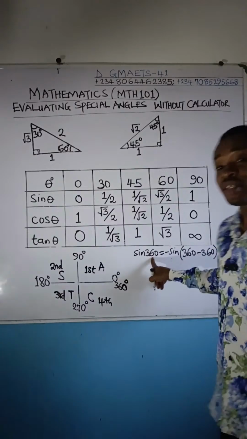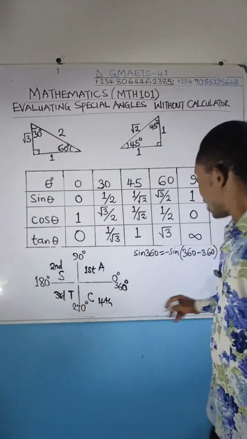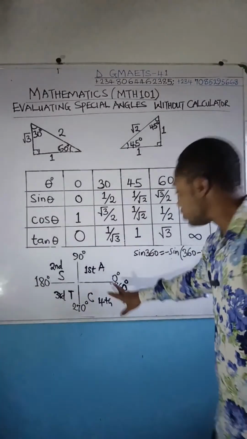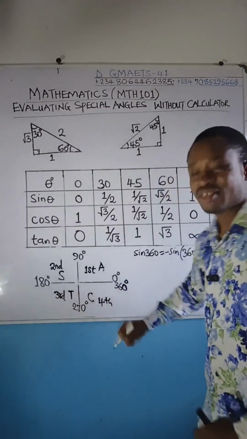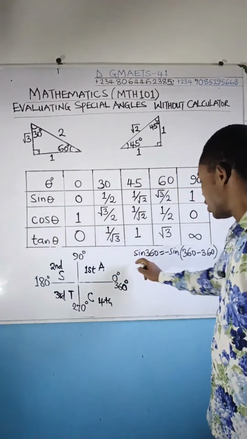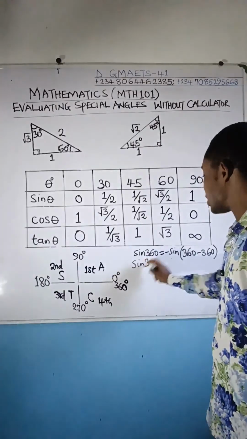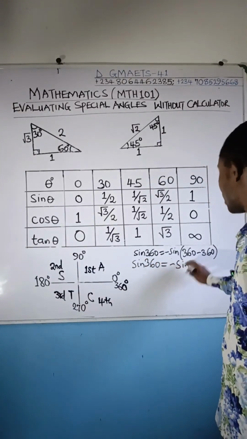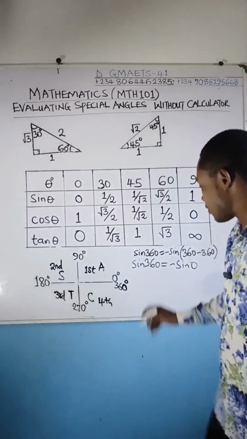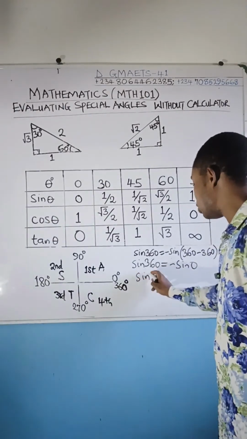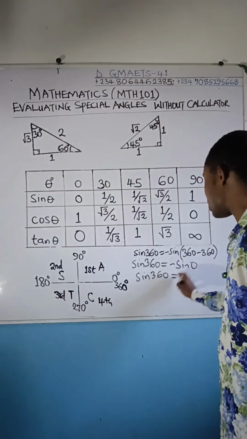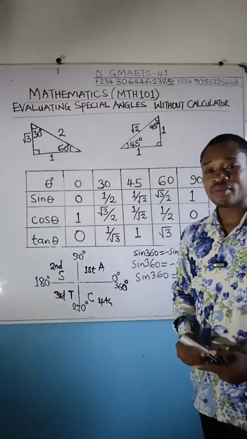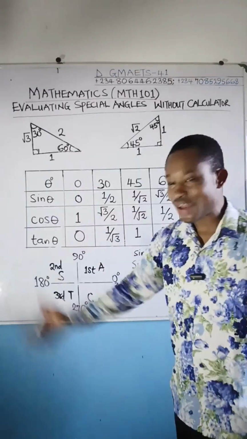Because you're evaluating this sine 360, and it is in this fourth quadrant, you subject it to the power of that 360. Therefore, sine 360 will be equal to minus sine 0, because 360 minus 360 is 0. Automatically, sine 360 will give us 0, because sine 0 is 0. Minus 0 does not exist. It simply has 0 there.